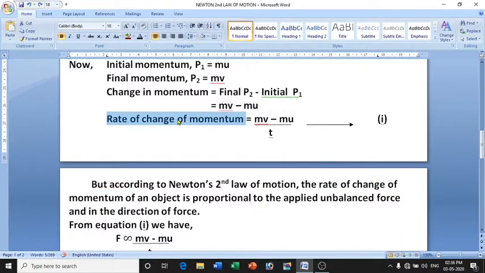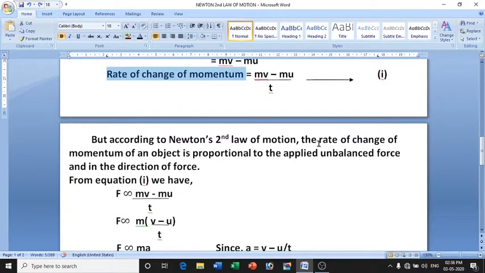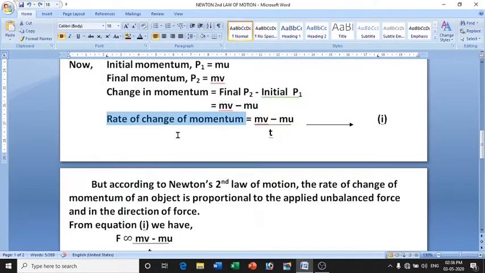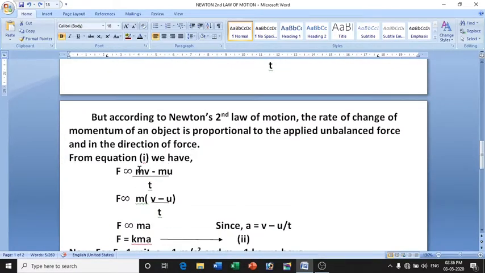In place of rate of change of momentum, it is proportional to, it is equivalent to F. So that is why we have written here, according to Newton's second law of motion, that from equation 1, F is proportional to the rate of change in momentum.